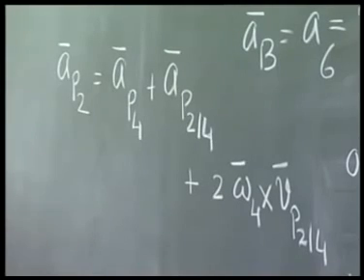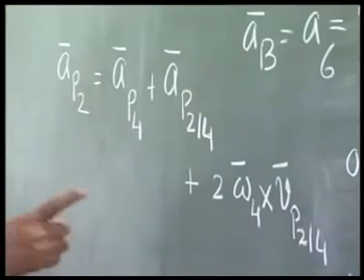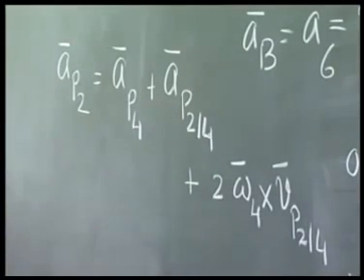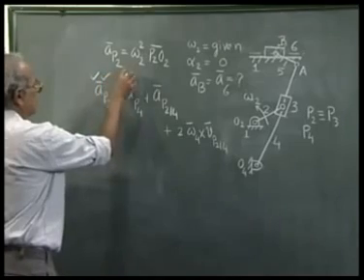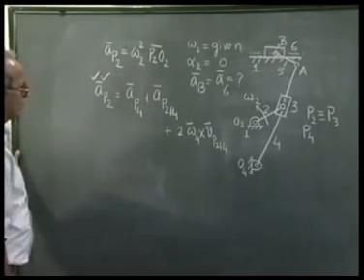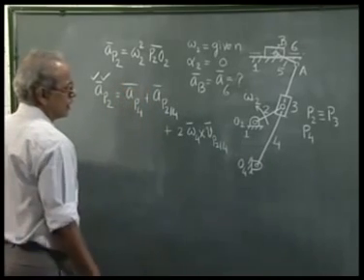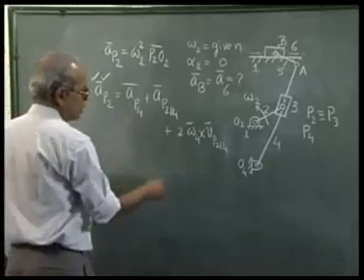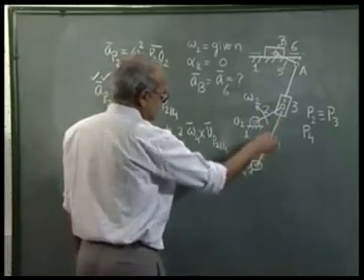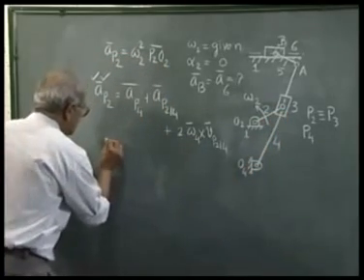Now, in this vector equation, let us see what are the quantities which are known and what are the quantities which are unknown. AP2 is completely known from the input given acceleration. AP4 has two components. One is towards O4, P4 O4, which I can write AP4.